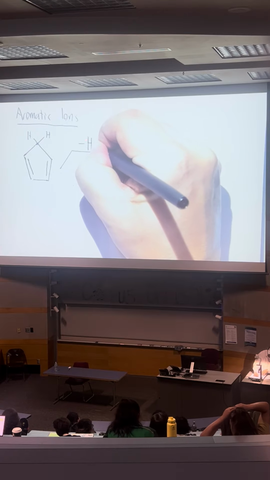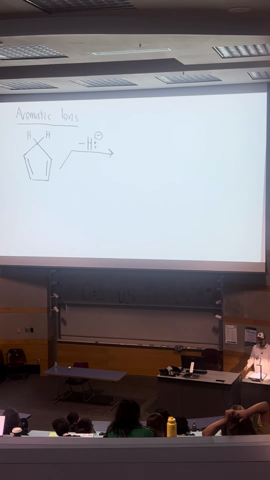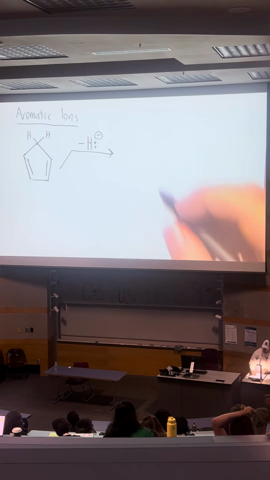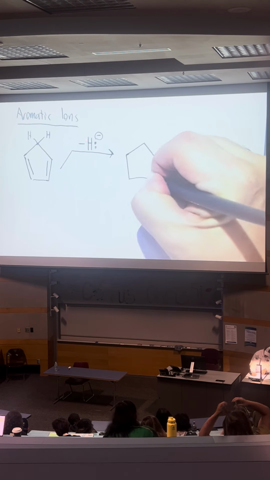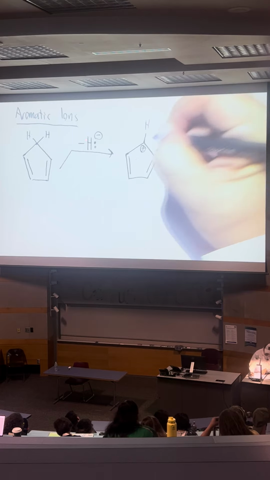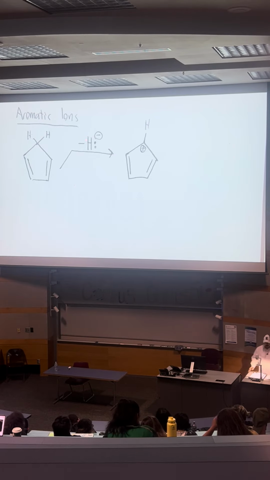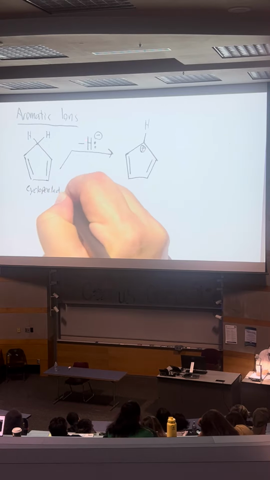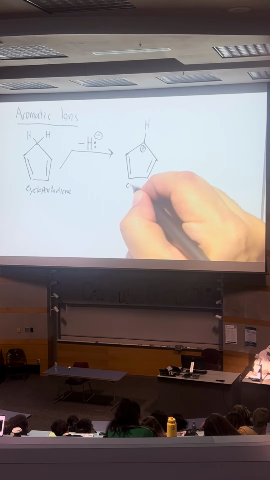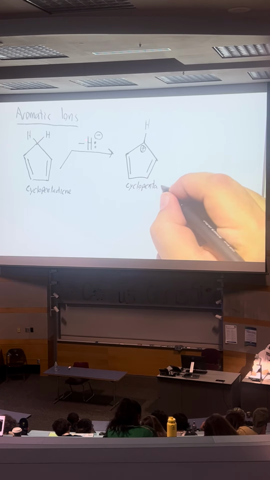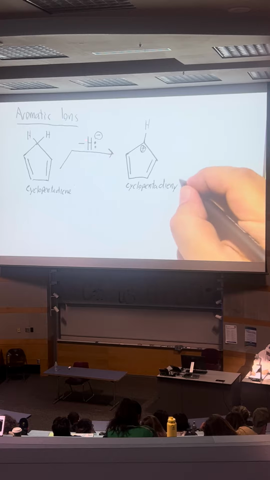So in this example, what we're going to do is we're going to take the hydrogen and its electrons that it is sharing with the carbon. And so in doing so, we generate the carbocation upstairs, right here. All right. And so because this starting material is cyclopentadiene, this would be called the cyclopentadienyl cation.